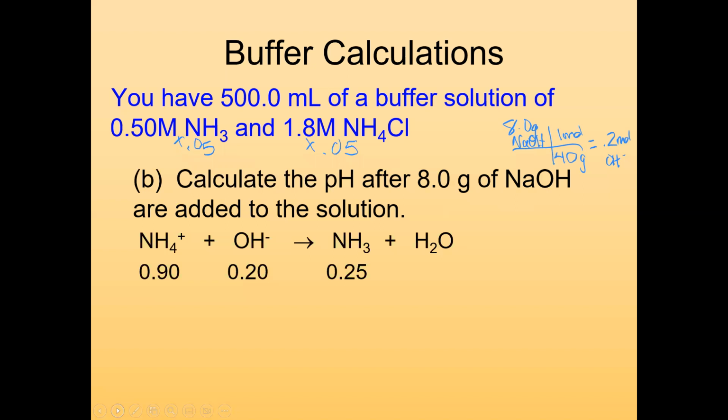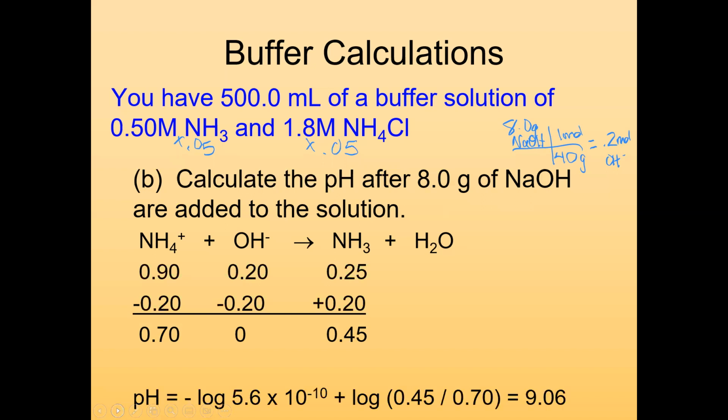Remember, our goal is to neutralize and cancel out the hydroxide. So we would have to subtract our hydroxide. So subtract from our reactant side, add to our product side to get our new amounts of acid and base. And once we have the new amounts, we can plug back into Henderson-Hasselbalch to find the new pH. So notice that because we added base, the pH did increase. However, it did not increase by that much.